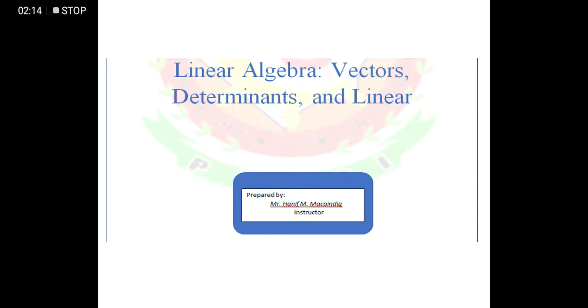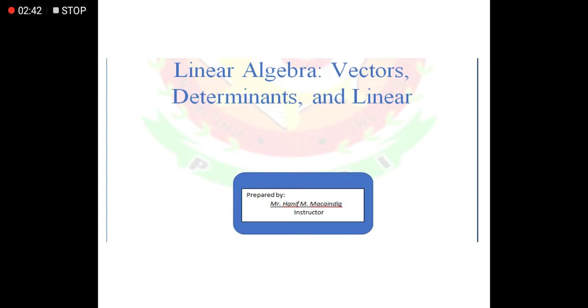Basically, this topic talks only about matrices, or matrix in singular form. When you say matrix, ito yung combination of numbers or entities where they have a different direction or different characteristic.